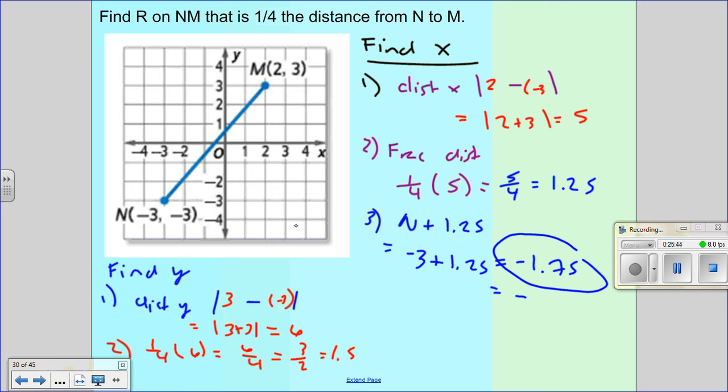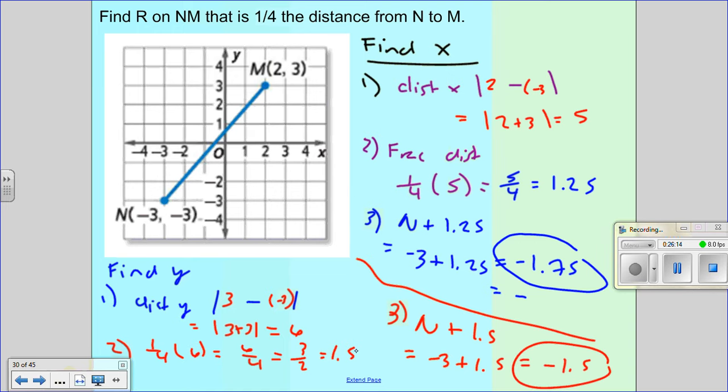And now we're going to do step 3, starting at N again, N's y, and we're going to add 1.5 this time. So N's y is negative 3 also, plus 1.5 is going to equal negative 1.5.